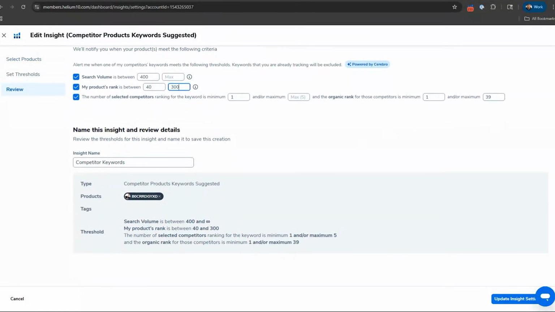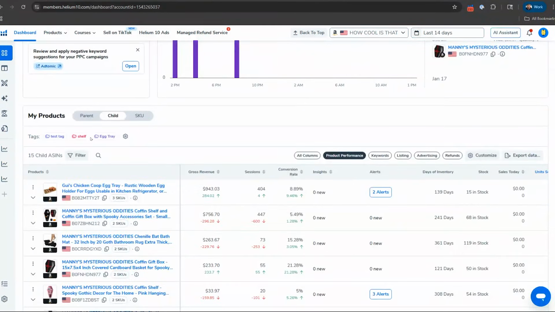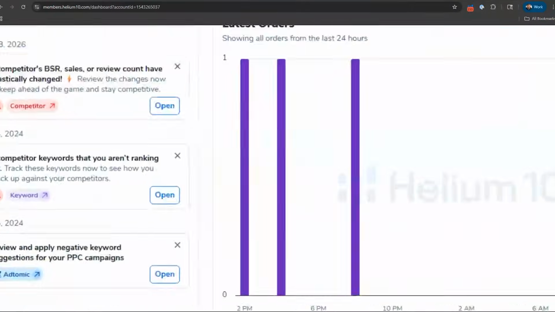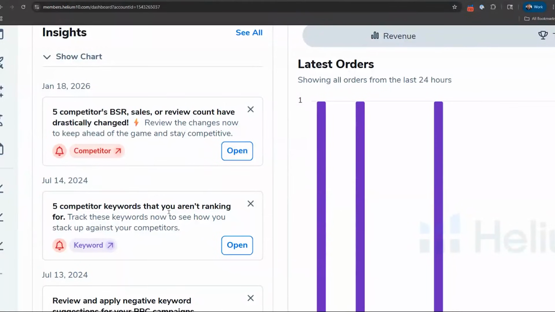All right. And so now what is going to happen is here on Insight's dashboard, I don't have to be searching Cerebro every week anymore, or every month. If I get one of those keywords that I wasn't tracking before, but it hits one of these criteria, or my competitor starts ranking or starts advertising for a new keyword that they weren't before, I'm going to get this right here under my insights: 5 competitor keywords you aren't ranking for.